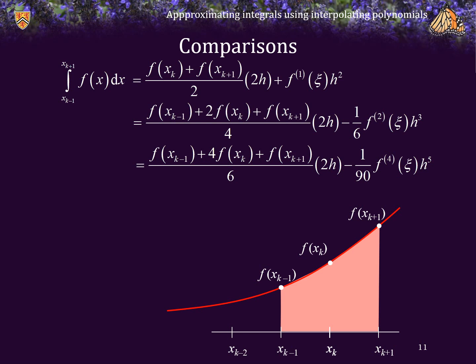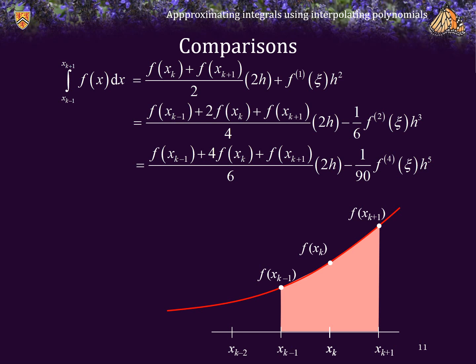But notice now that the weights are not, in the first case, 0, 1/2, and 1/2. In the second case, 1/4, 1/2, 1/4. But now the 3 weights are 1/6, 2/3, 1/6. So it's weighted averages, but the third weighted average seems to be significantly better. And notice that the error is an expression times h to the 5.